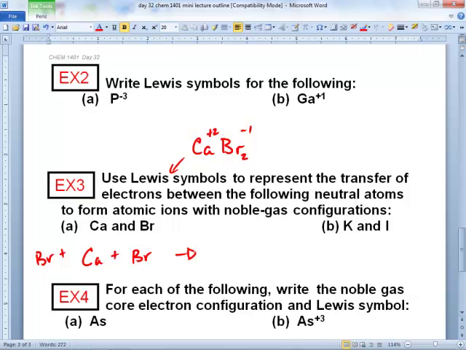Put the number of valence on here, the number of valence on that guy. Yeah, perfect. Good deal.